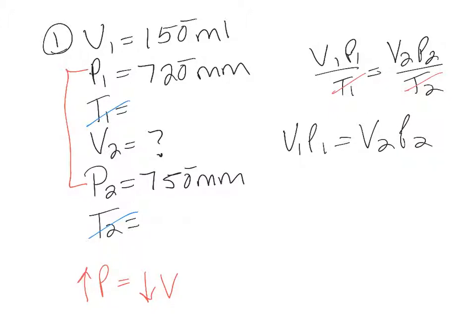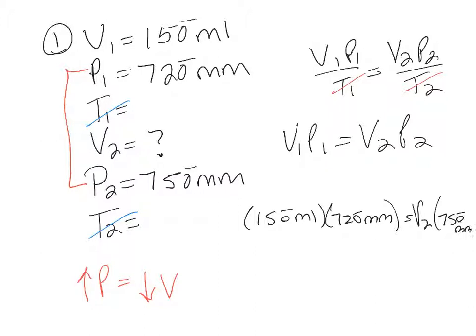You would plug in the numbers that you have in those places. So you'd have 150 mils times 720 millimeters equals whatever the new V2 would be times the 750 millimeters, that higher pressure.